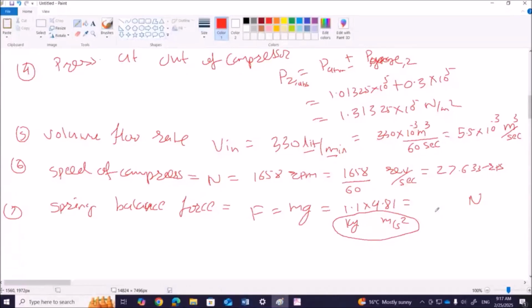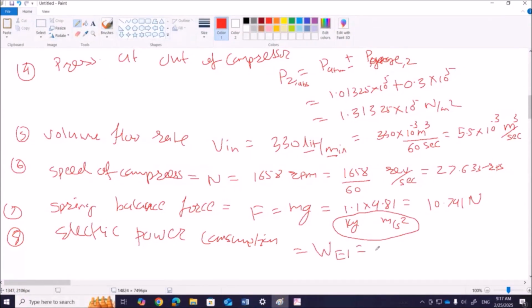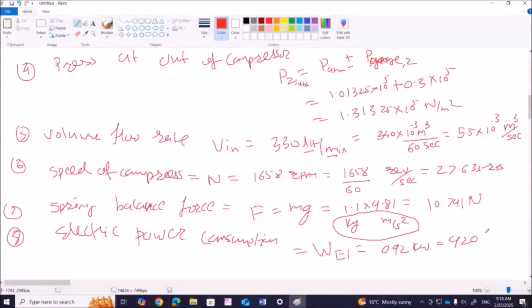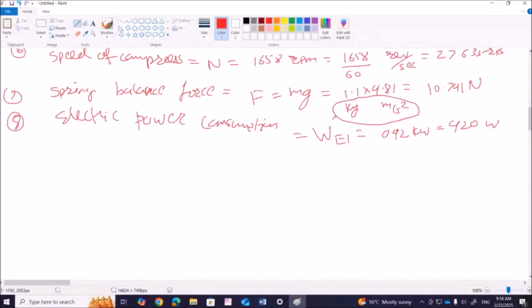Okay, and this is 10.791 Newton. And electric power consumption, no need to convert, and it is same. WEL is equal to 0.92 kilowatt, 0.920 watt. So this is first part of the calculation.